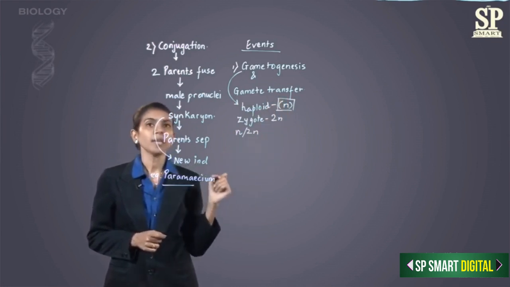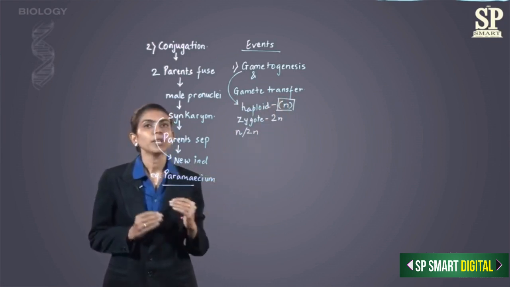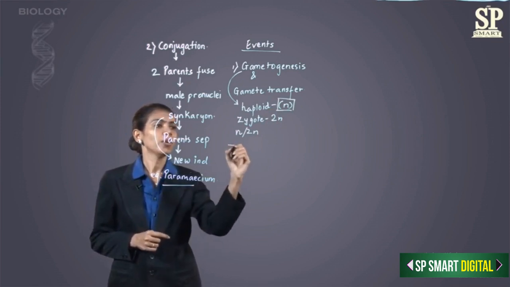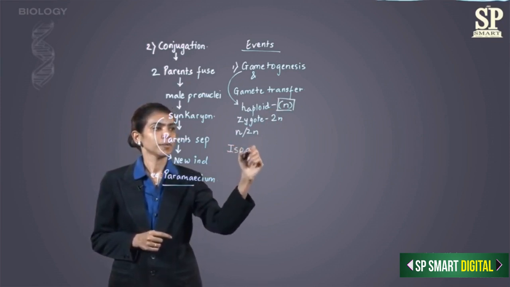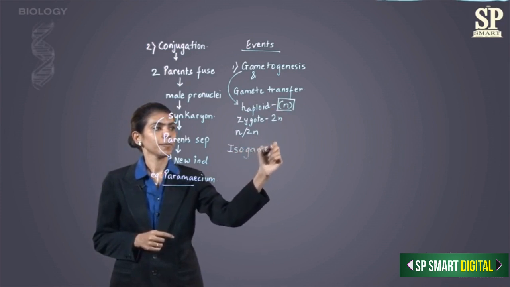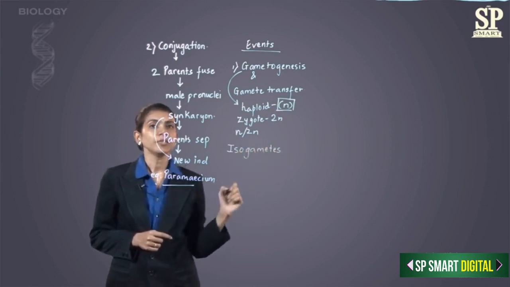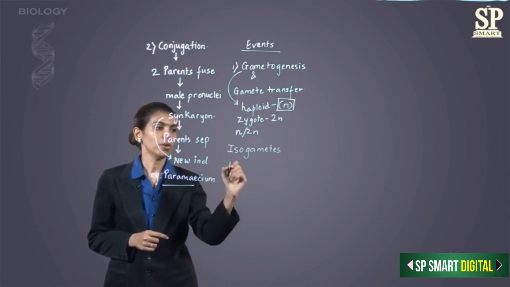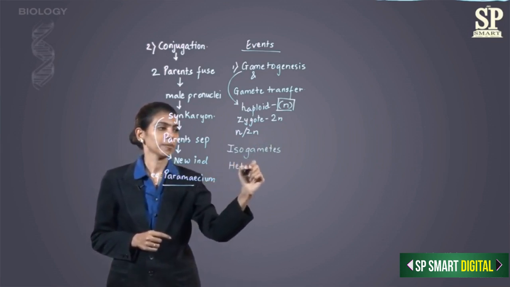Now these gametes can be of two types. If the gametes are morphologically similar to each other, they are called isogametes. And if both gametes are morphologically dissimilar to each other, they are called heterogametes.